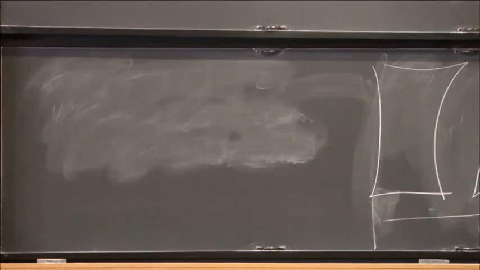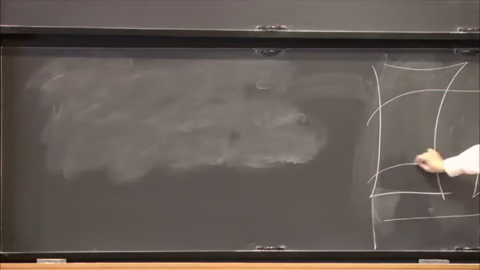This is over the curve B. This is my total family. Now I have two sections, so this is S1, this is S2.